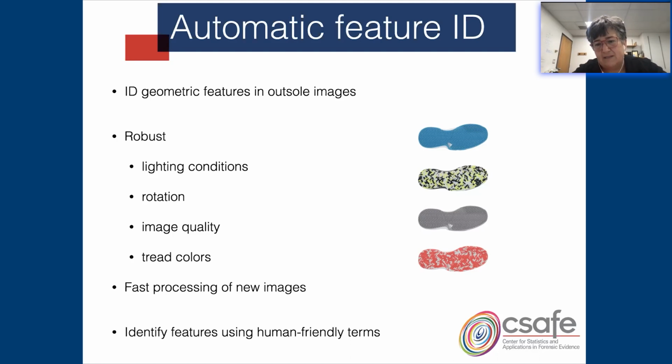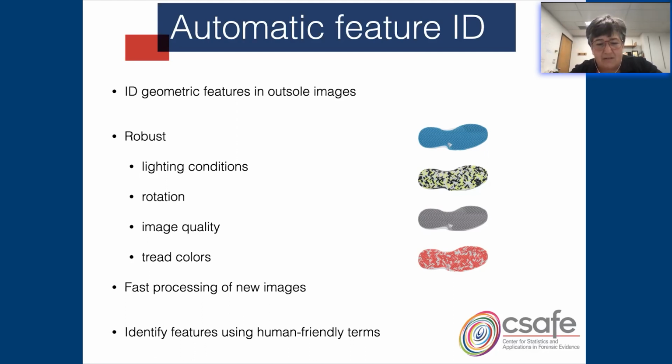On the right here, you can see 4 different bottoms of shoes. They all have the same tread pattern, but the colors are very different. And for me, at least, it's really hard to tell that the second and the 4th pattern are the same as the 1st and the 3rd.